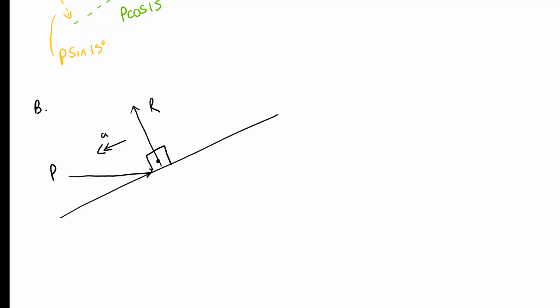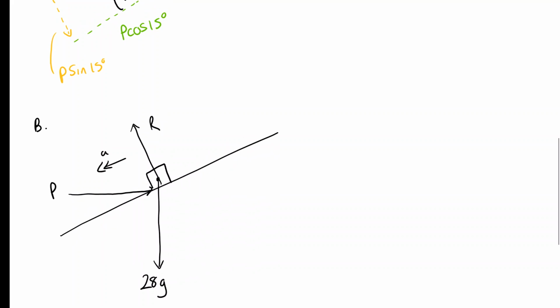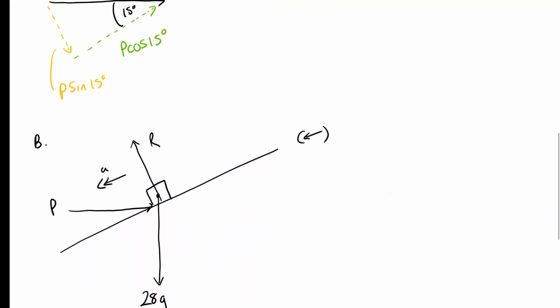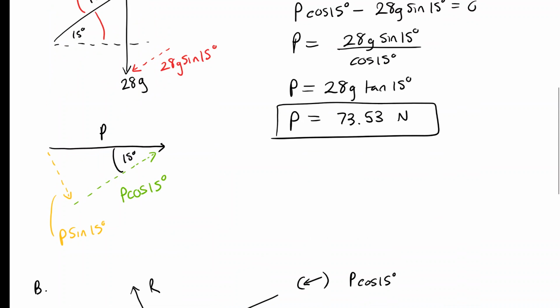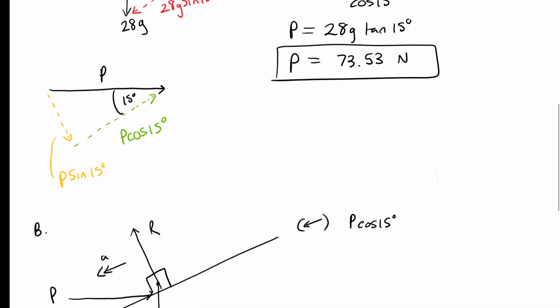We've still got weight. The block's mass hasn't suddenly disappeared. That's 28g. Okay, we'll be resolving down the slope parallel to it because the acceleration is directed that way. P cos 15 degrees, just like before, still acts up the slope, it just isn't going to be as large.